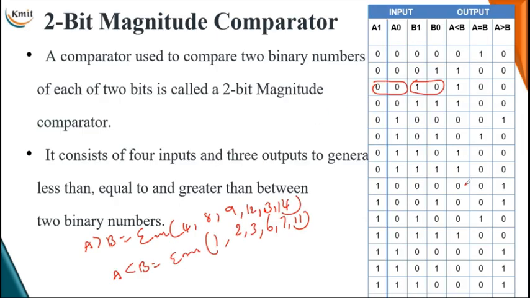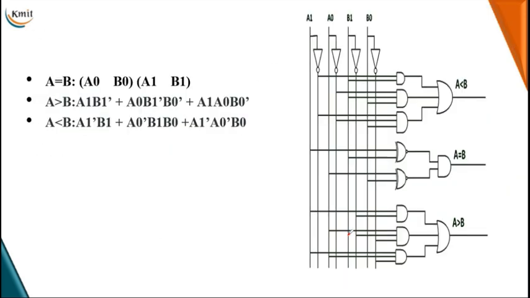Now let me write the SSOP expression for A equal to B, equal to sigma m of 0, 5, 10, 15, since the output functional value is 1 for these minterms.